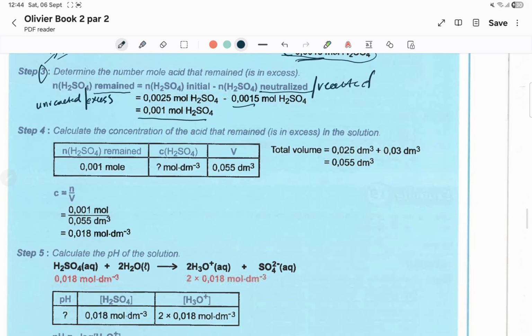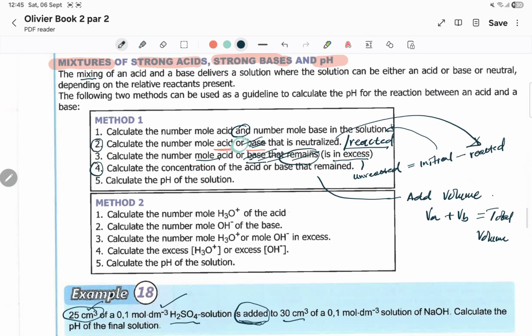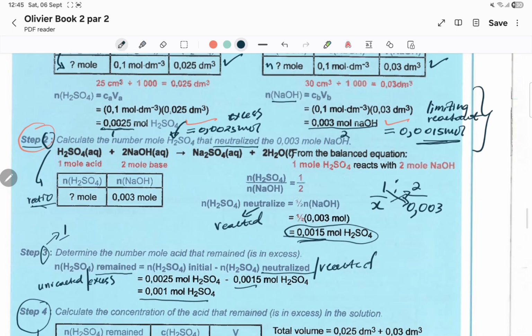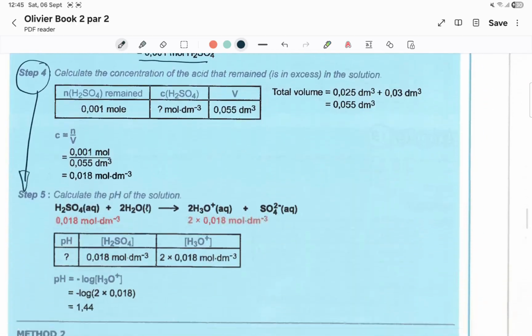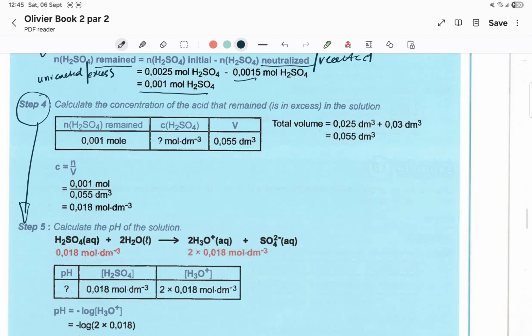So if I'm having the number of moles in excess, I can say the concentration, which is the step 4, before my last step. Step number 4, calculate the concentration of the acid remained, okay? Then now the final, calculate the pH. The concentration will be the number of moles over the volume.